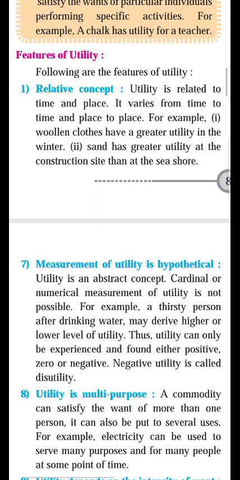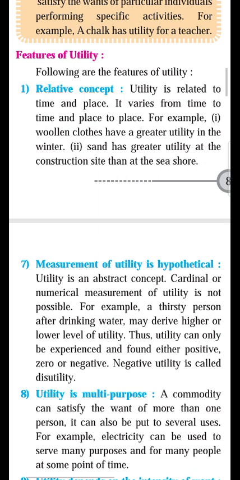During the winter season, the people purchase the sweater, hot drinks, etc. Because at that time the commodity satisfies their want, because it is time to time. Here time means season. Utility is different from season to season or time to time. That's why it is a relative concept.